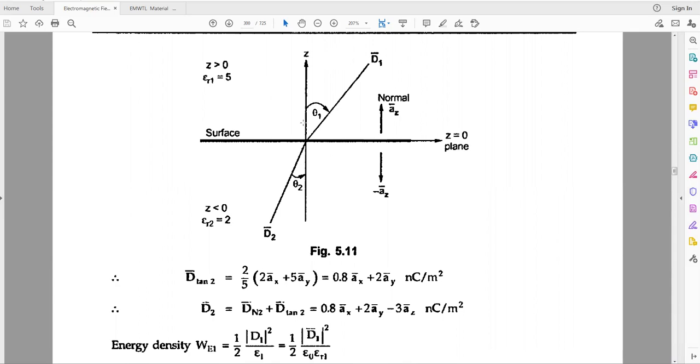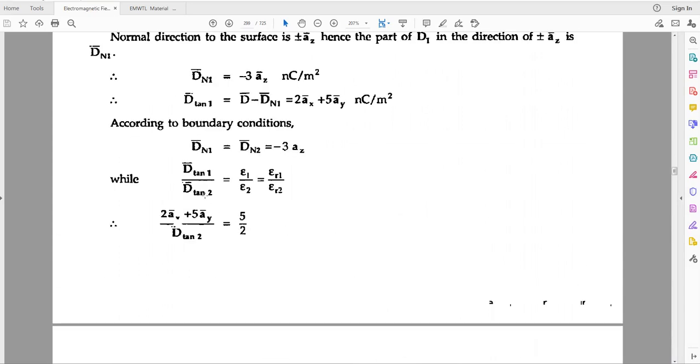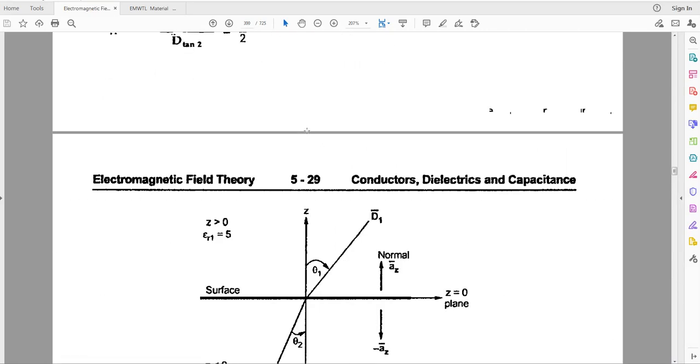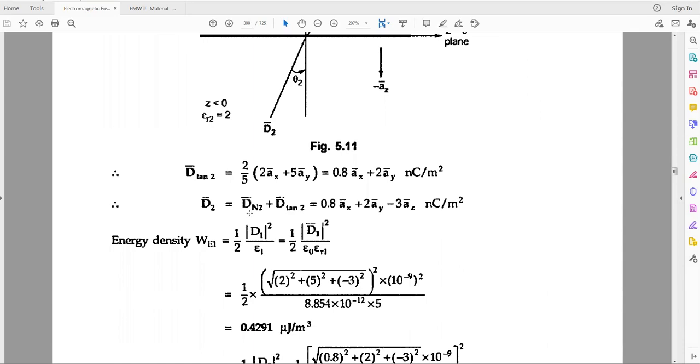See the position: D1 makes an angle theta 1 and D2 makes an angle theta 2. So D2 is the combination of Dn2 plus D tan 2, just as D1 is Dn1 plus D tan 1. Now we have the normal component Dn2 and the tangential component D tan 2, which is 0.8 AX bar plus 2 AY bar.